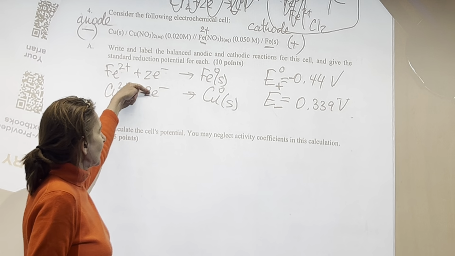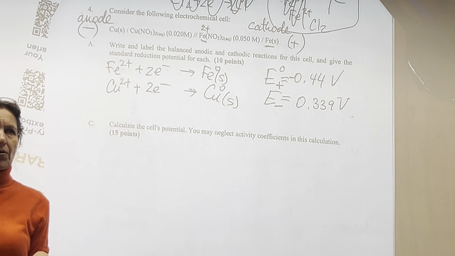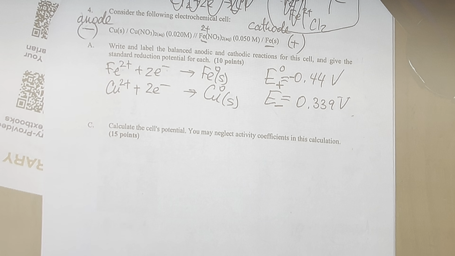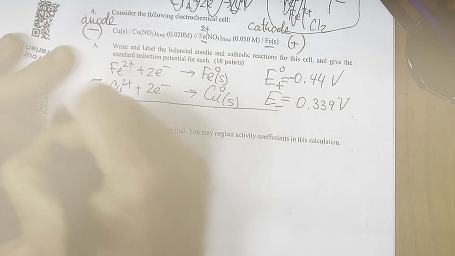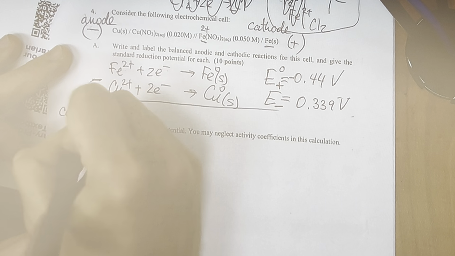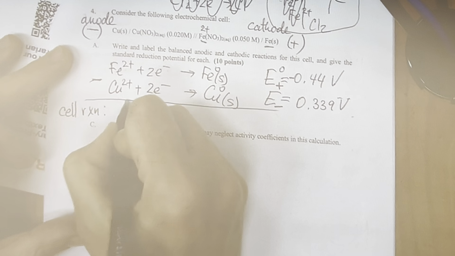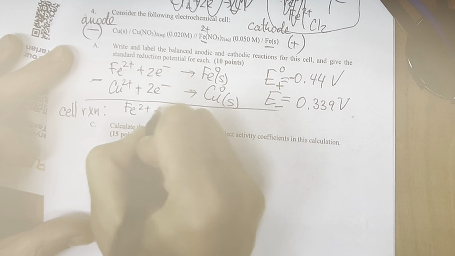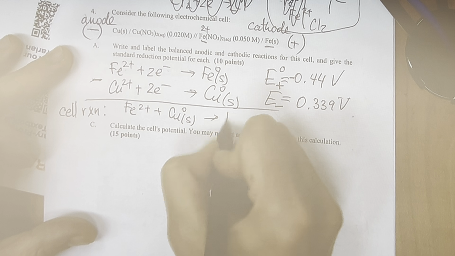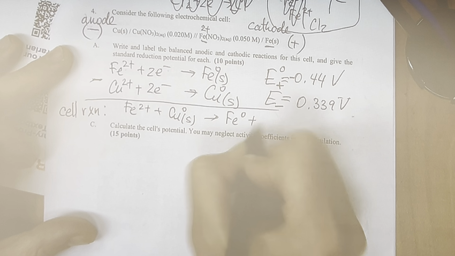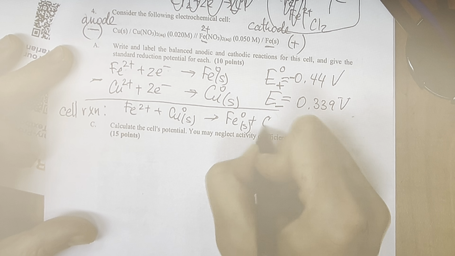Check that we have exactly the right number of electrons. That's good. Subtract the anodic process from the cathodic. So the cell reaction would be iron 2+ plus copper solid goes to iron 0 plus copper 2+.